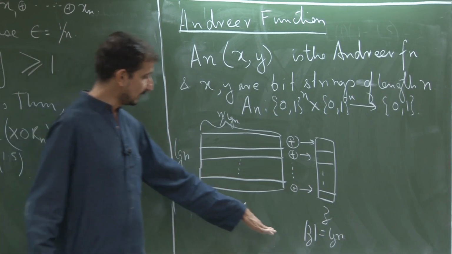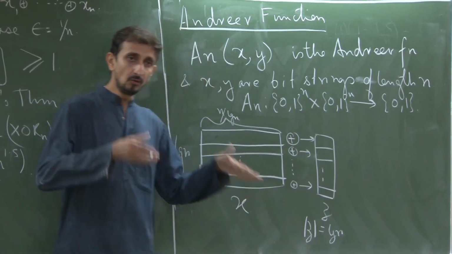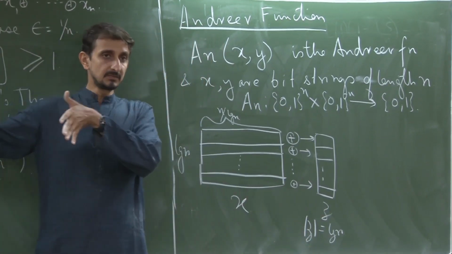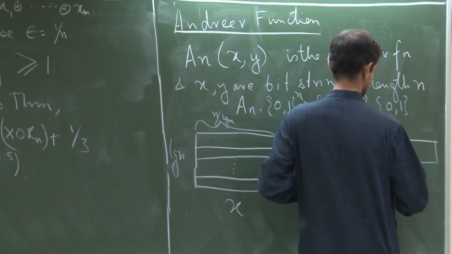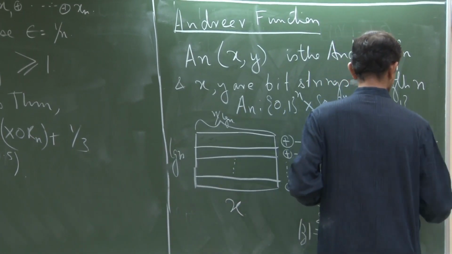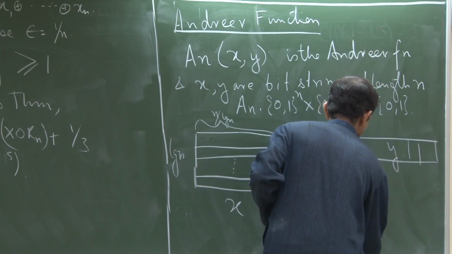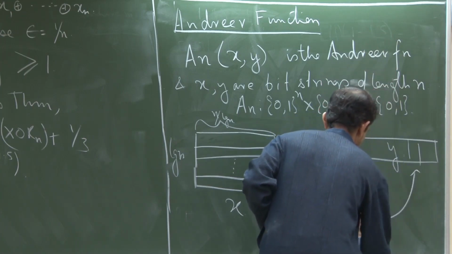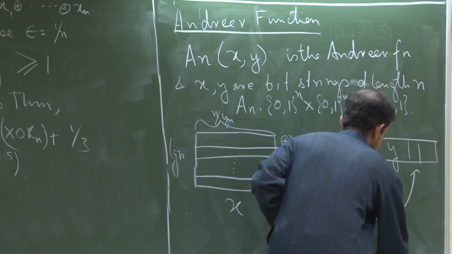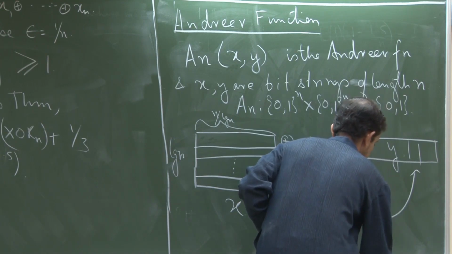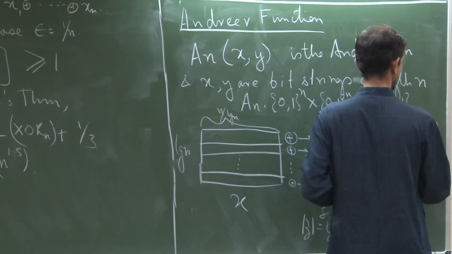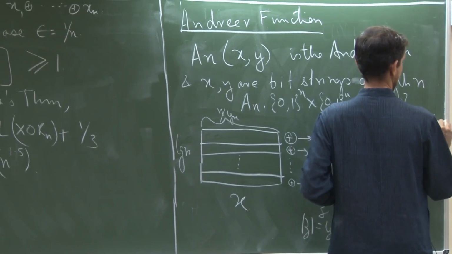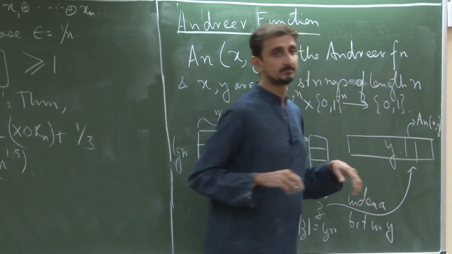Now, I will use z to index the string y. I have this string y also, and I will use z to index a bit in y, and this is the output of the function.